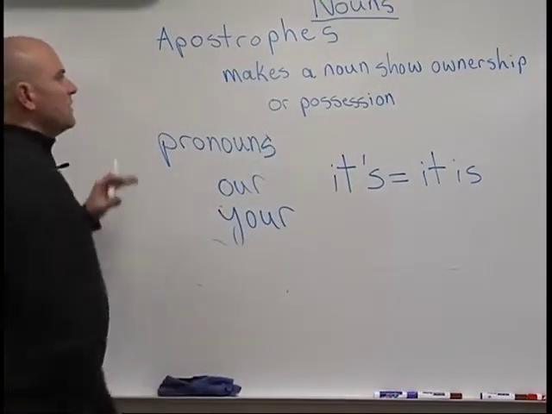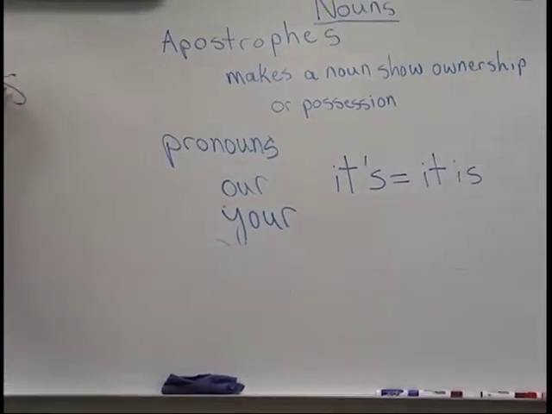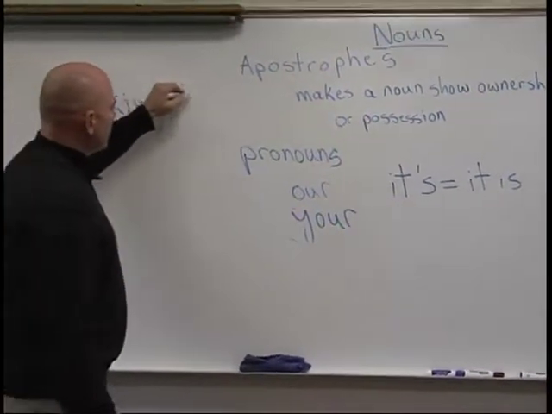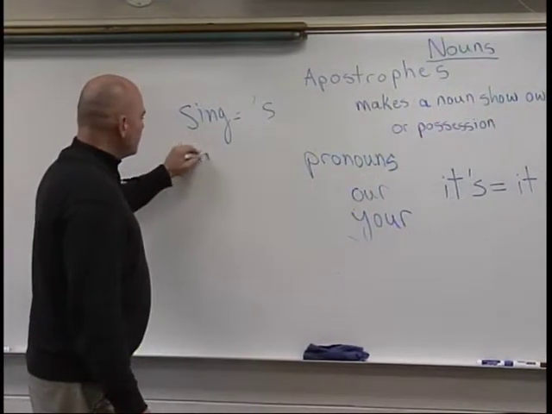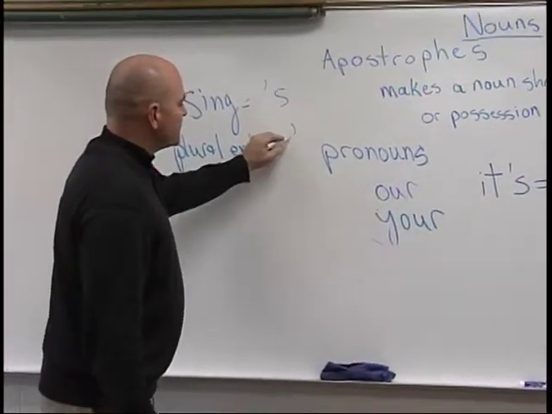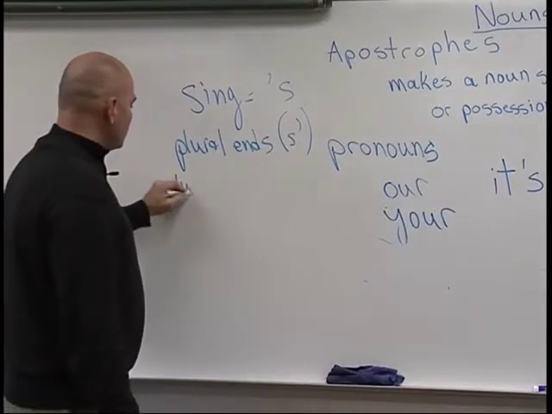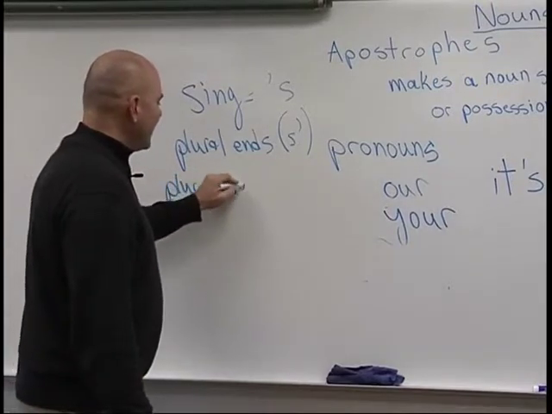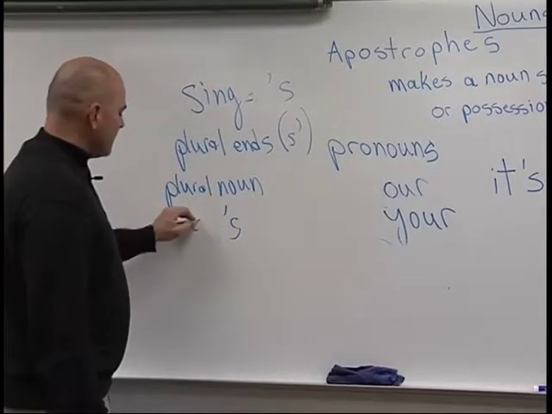So when you're dealing with apostrophes, just remember these simple rules. If it is singular, add apostrophe S. Okay? If it's already plural and ends in an S, you add the apostrophe, so it's S apostrophe. If it's already a plural noun not ending in S, you add the apostrophe S, for example, in men's.